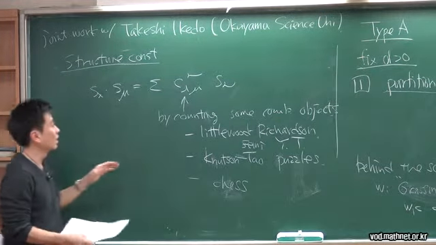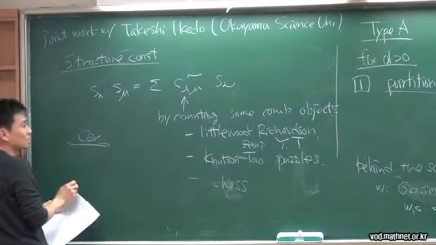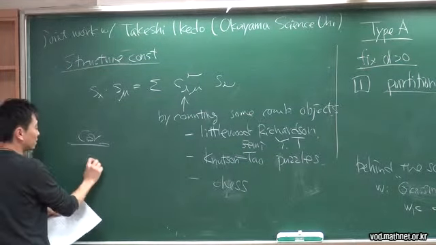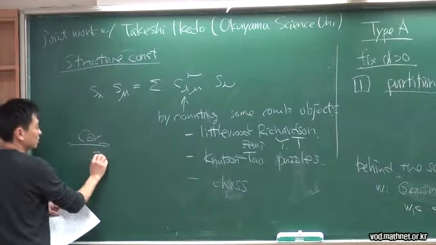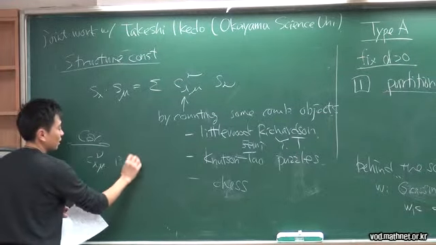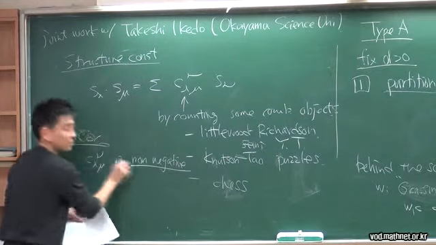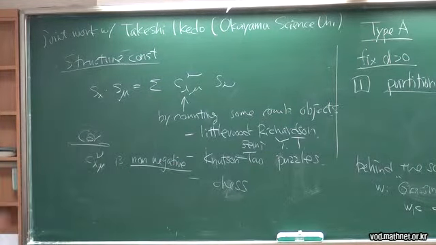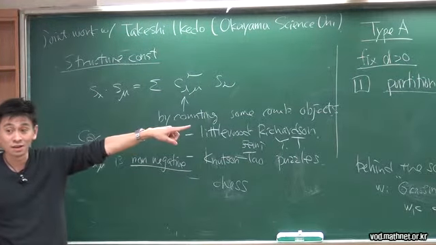And so the corollary, an obvious corollary, is that this structure constant is non-negative. And that is not obvious from the definition at all.